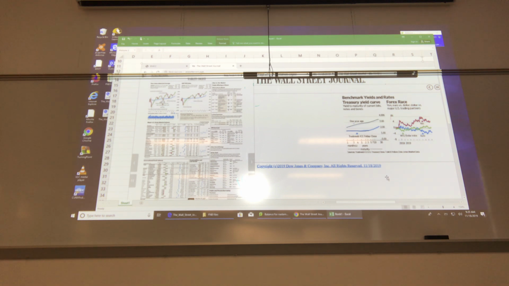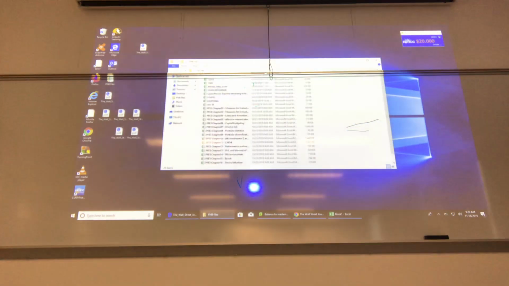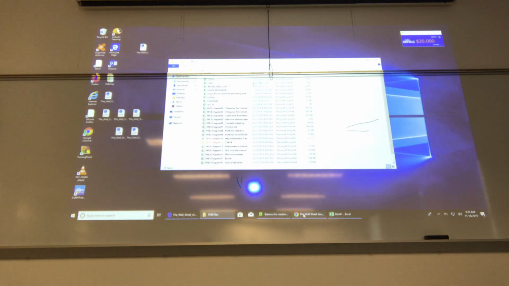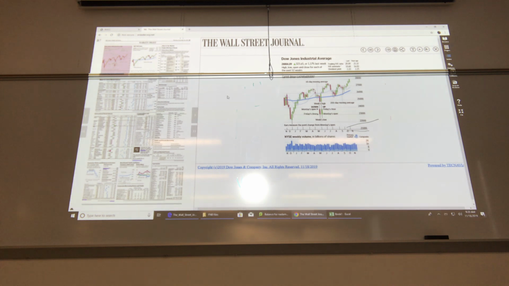Now we go to what is risk. Risk is when we look at what is happening in the market. I look at what is happening in the market, and I want to see what is happening for the last year, from November to November.